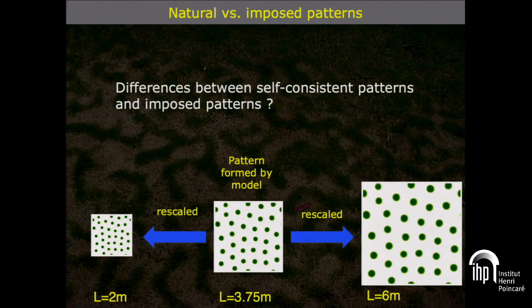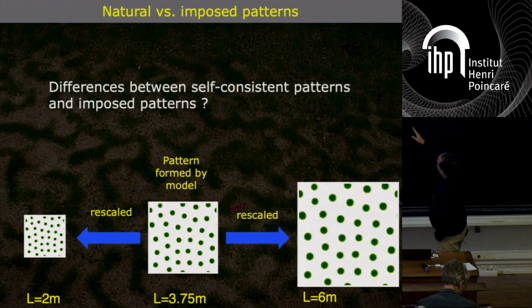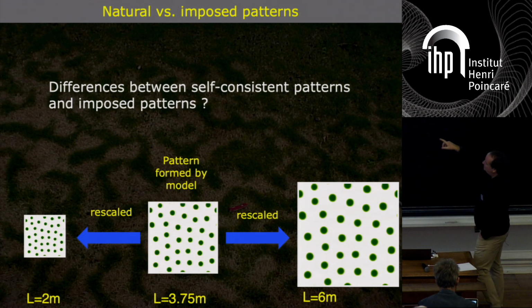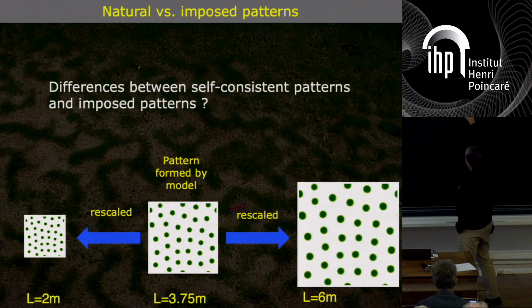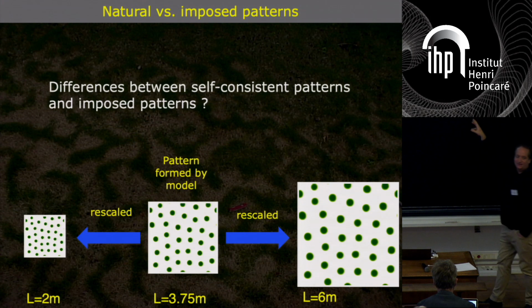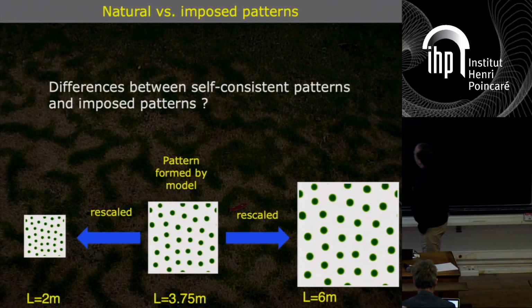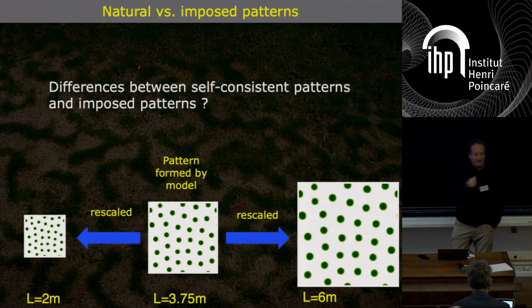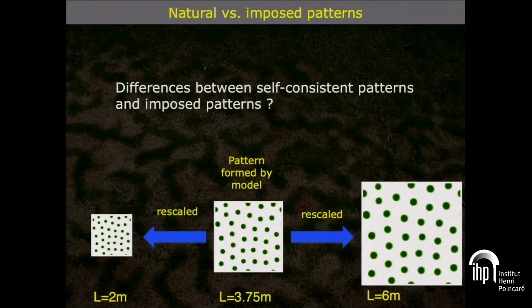So in this case, you could make different experiments where you take the natural vegetation which would be formed at a certain precipitation level, let's say the one in the center, and then just rescale this image. I'm zooming the image, making it smaller or making it larger. And obviously by doing that, the fraction of coverage is the same in all these images. The percentage of green area has stayed the same. I just zoomed the image to being larger.